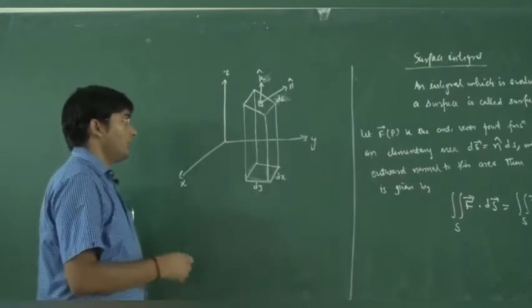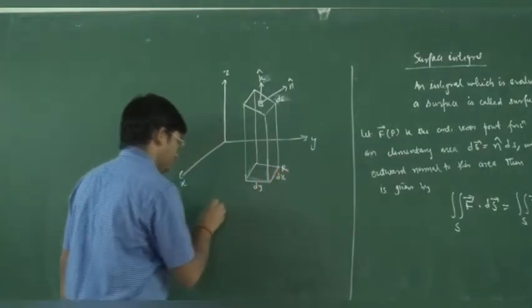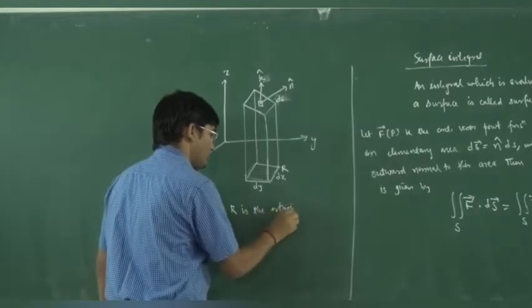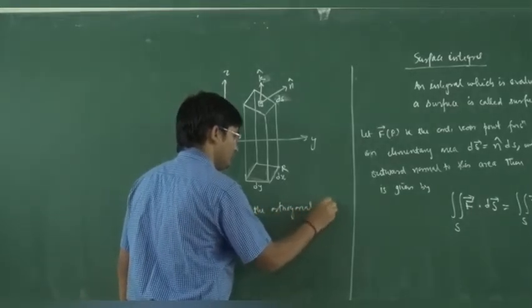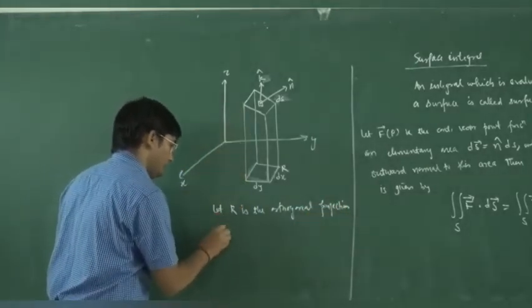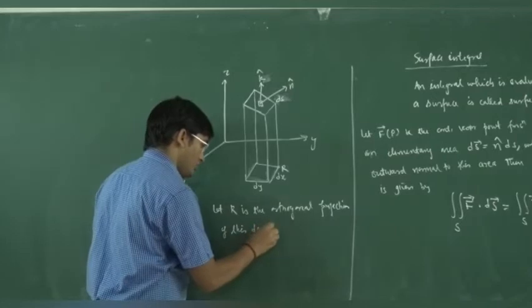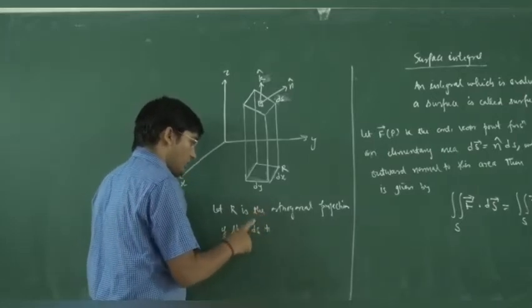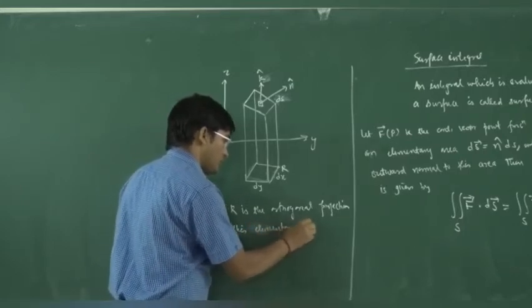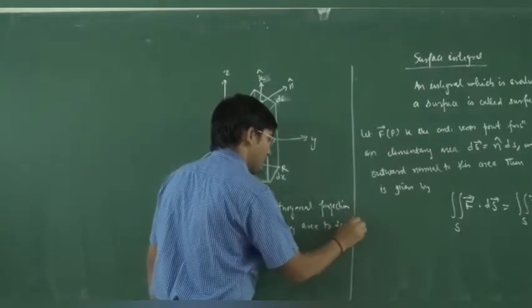Let us assume that r, that is this plane, is the orthogonal projection of this elementary area ds, which is basically dx into dy.